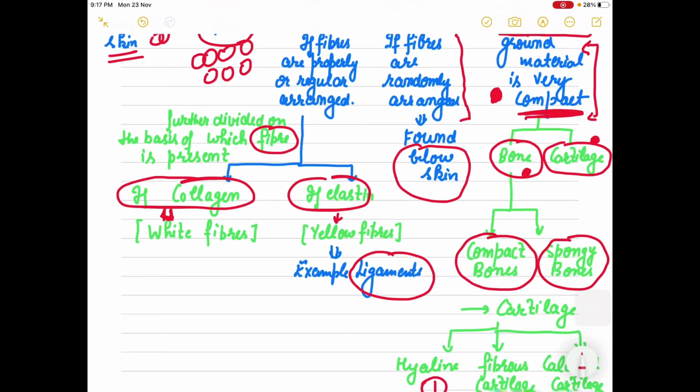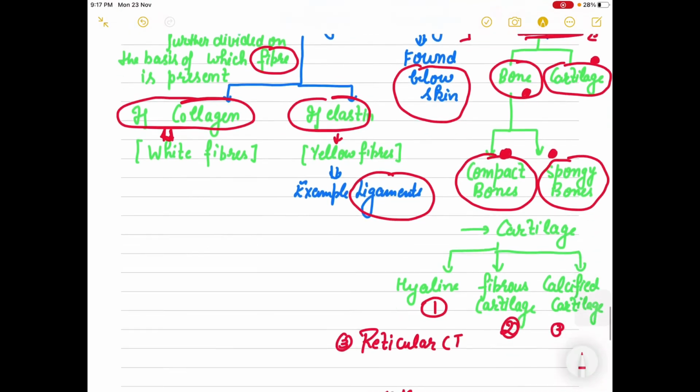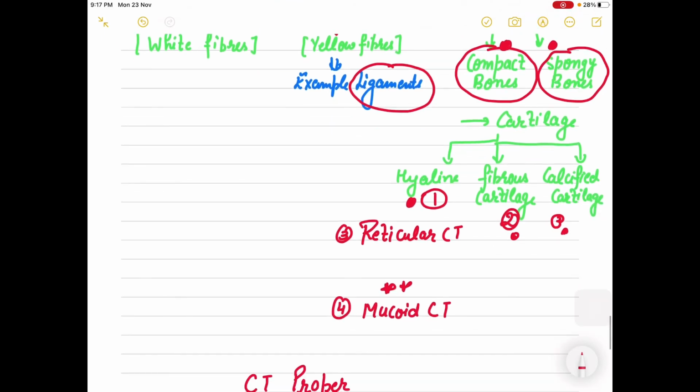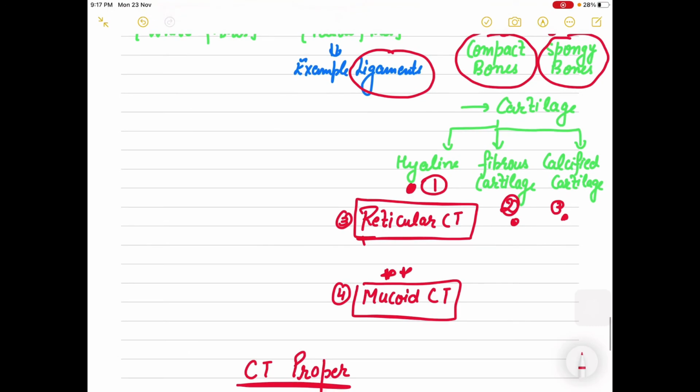Bone can be of two types: very hard, compact bones, and spongy bones. Cartilage can be hyaline cartilage, fibrous cartilage, and calcified cartilage. And the other special types of connective tissue are reticular connective tissue and mucoid connective tissue.